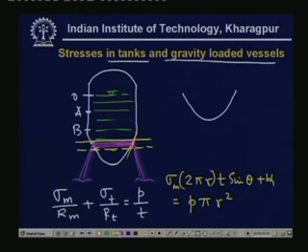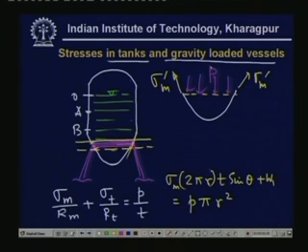The stresses developed are again sigma m prime, here sigma m prime, and the pressure over here is the same P, and the weight is W2. So the total equation is sigma m prime times 2 pi r times t, and sine theta.